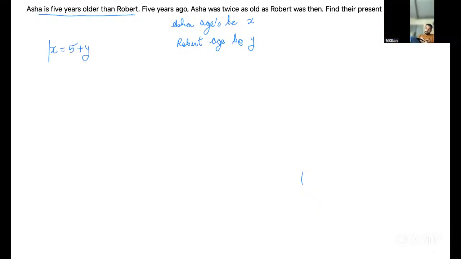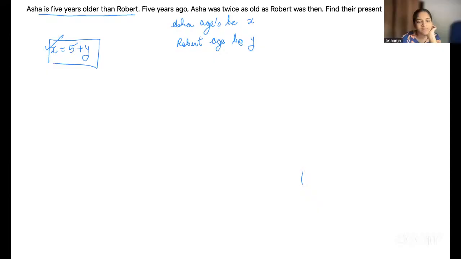Yeah, perfect. Then, second equation. x minus 5 is equal to 2y. Okay. So, this is the correct equation.